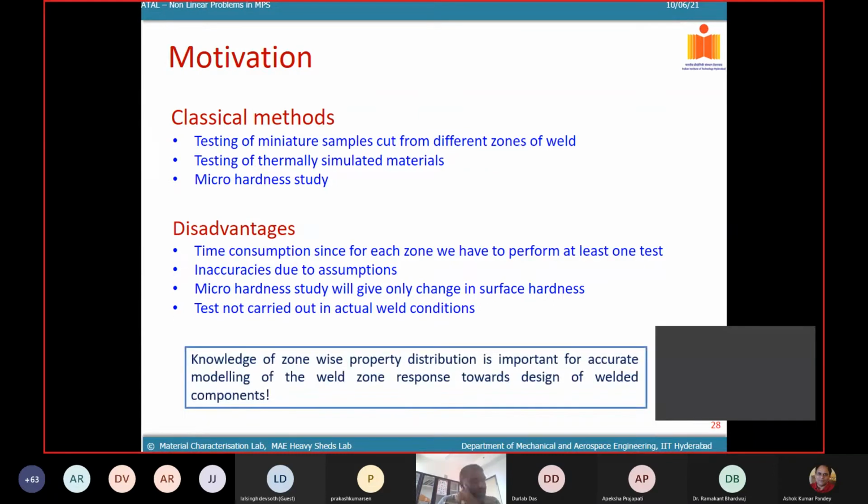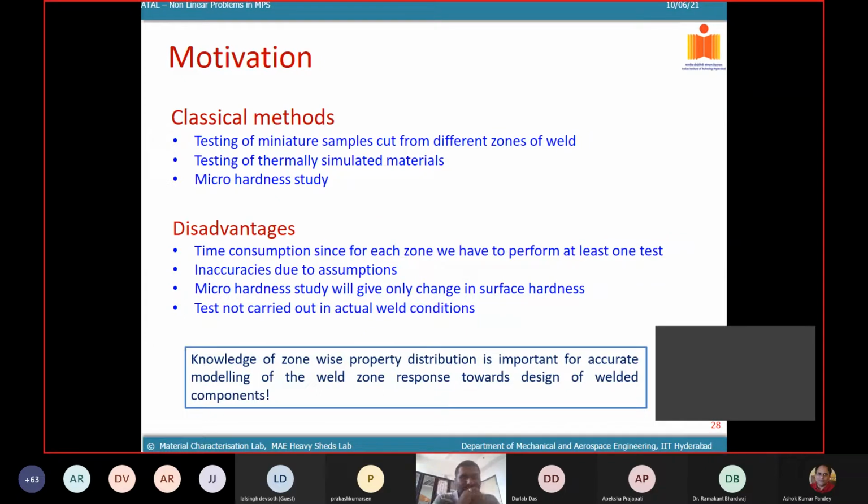The knowledge of zone-wise property distribution is important for accurate modeling of the weld zone, for the designer. If you ask the designer, the important thing is how process parameters influence these local zone properties, and invariably these properties influence the strength of the joint.